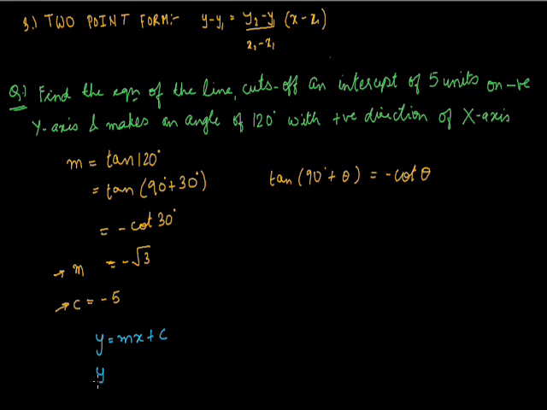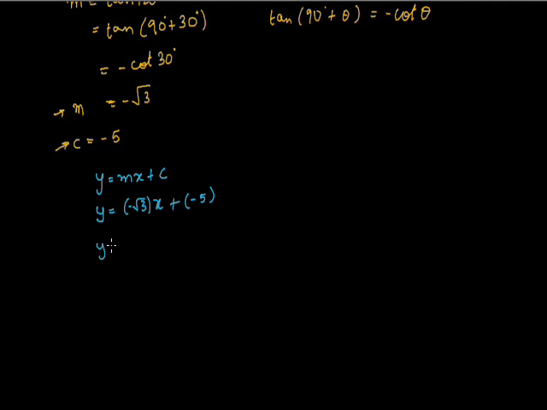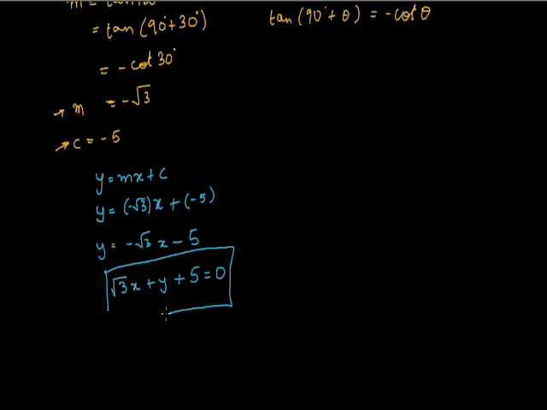So I'll put m as minus root 3 of x plus c as minus 5. So I'll get y is equal to minus root 3x minus 5. Now I'll take everything on one side of the equal to sign and I'll get root 3x plus y plus 5 is equal to 0. This is the equation of the line which I was required to find out.